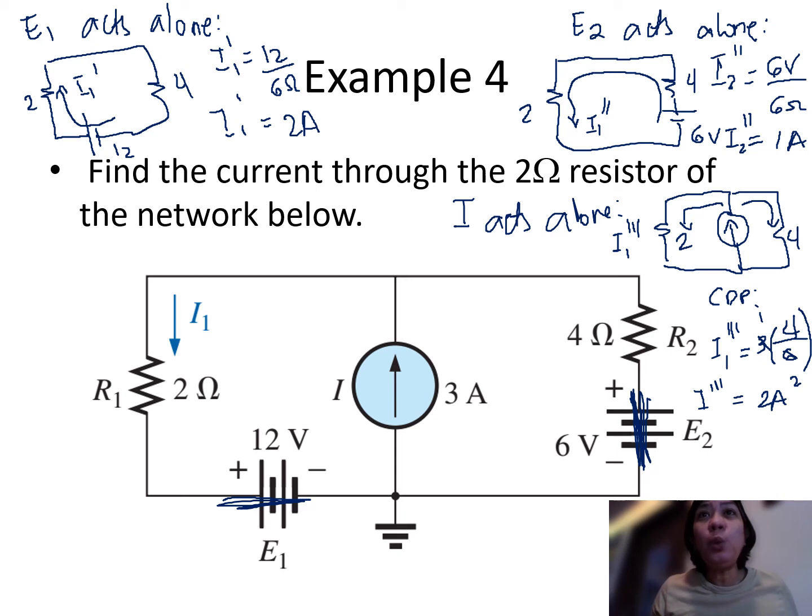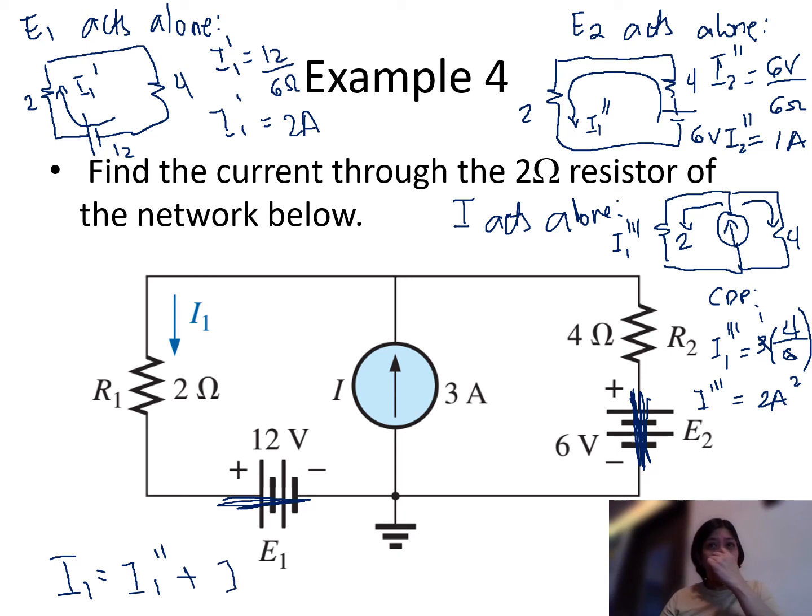So I1 prime here, and I1 double prime and I1 triple prime share the same direction. So how are we going to combine the 3 currents now? If we want to solve for I1, we have I1 double prime plus I1 triple prime.